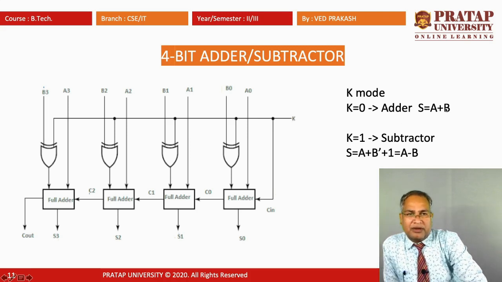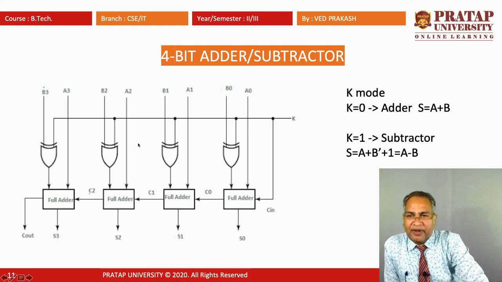How does it work as an adder? If we give the K value 0, then this 0 will not affect the output of this XOR gate.